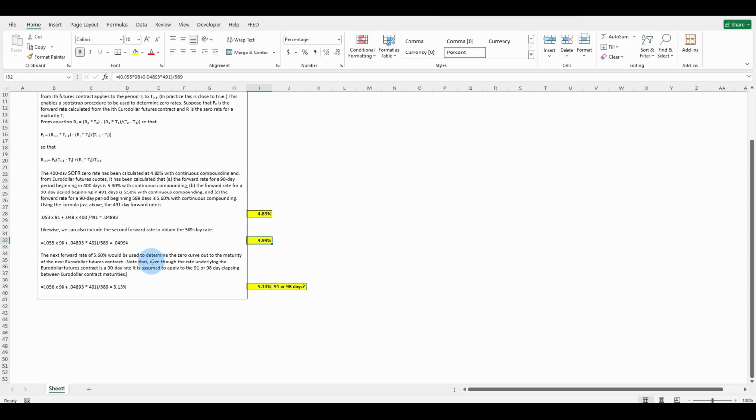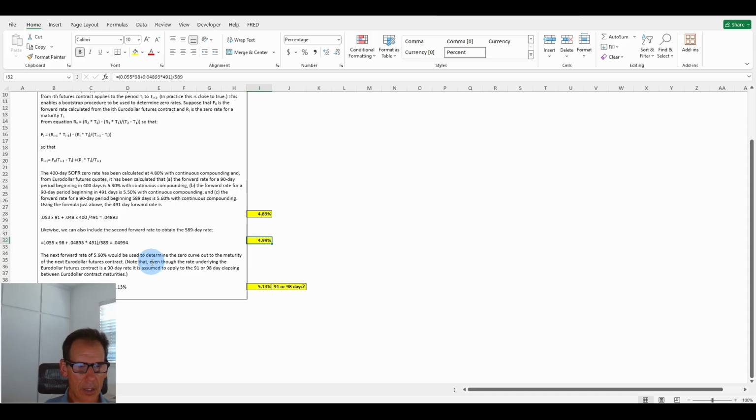Note that even though the rate underlying the Eurodollar futures contract is a 90-day rate, it is assumed to apply to the 91 or 98 days elapsing between Eurodollar contract maturities. So we're going to use this 589 plus this, and this, and come up with a 5.13.